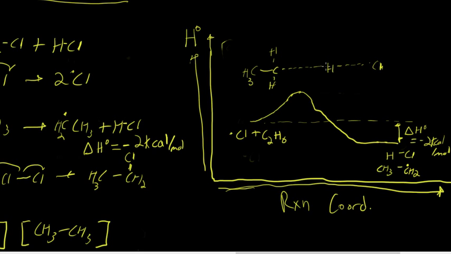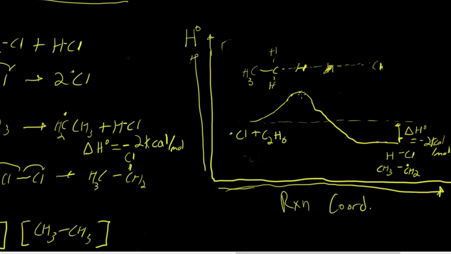And as I said earlier, the extent of movement of H towards the Cl and away from this carbon is dependent upon whether that transition state is more energetically similar to the reactants or the products. In this case, it's more similar to the energy of the reactants, so this hydrogen isn't going to really be moving very far, so it'll be somewhere like here, right?